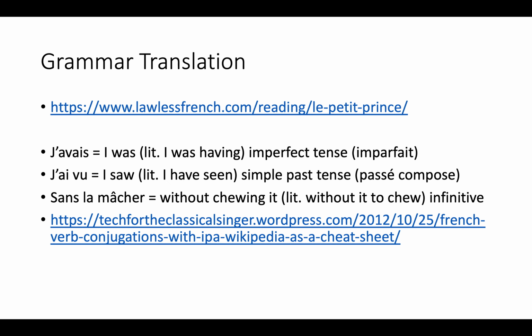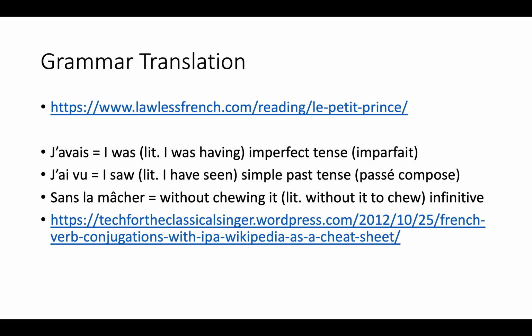I have some links so you can see an example of grammar translation, and then I give an example here. J'avais, it's literally "I was having." It's called the imperfect tense. J'ai vu, literally "I have seen." This is called the simple past tense. In French, the imperfect is called imparfait, and the past tense is also called passé composé. Sans le manger, "without chewing it," literally "without it to chew."